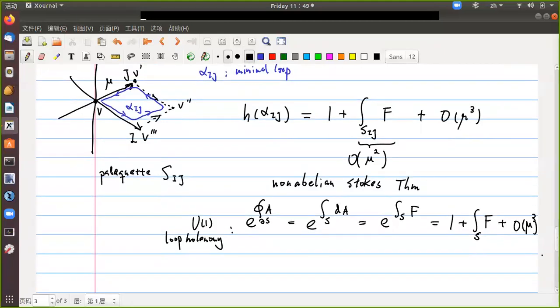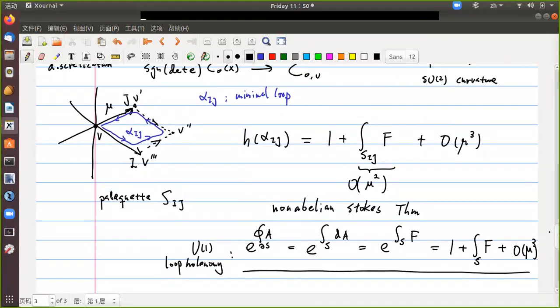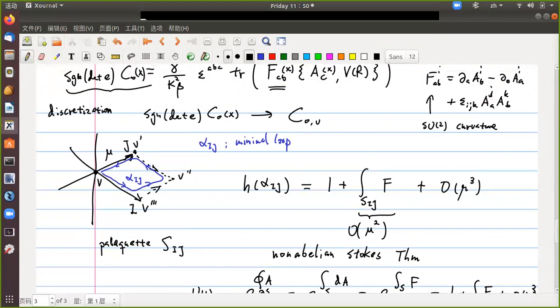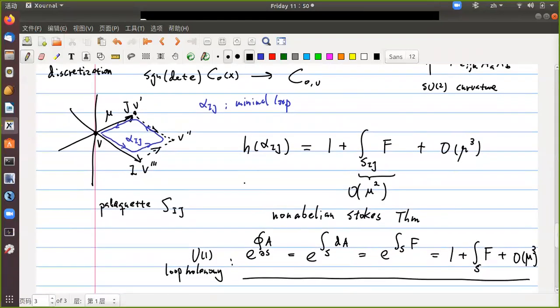This is the so-called abelian Stokes theorem, the usual Stokes theorem, and this is a generalization of it, which is why it is called a non-abelian Stokes theorem. The point is that this loop holonomy actually relates to the curvature. It is some discretization of the curvature.